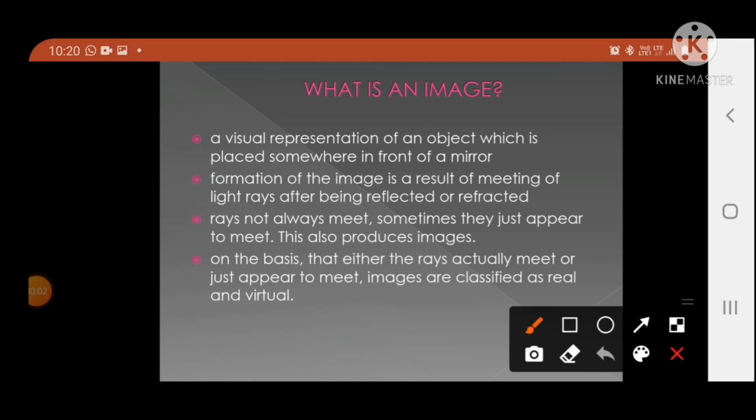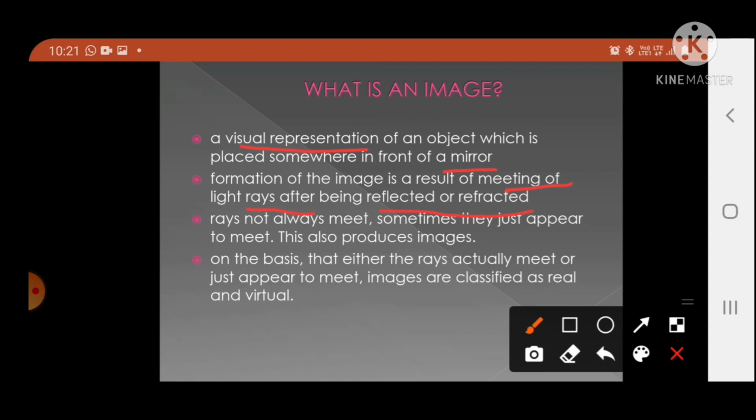Let's understand more about the image. A visual representation of an object which is placed in front of a mirror is called an image. The formation of an image is the result of the meeting of light rays after being reflected or refracted.